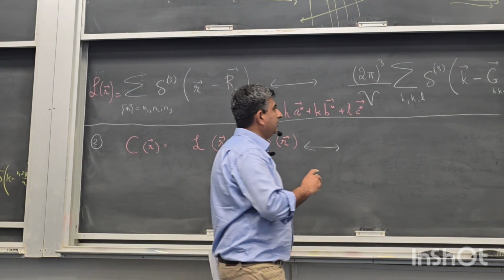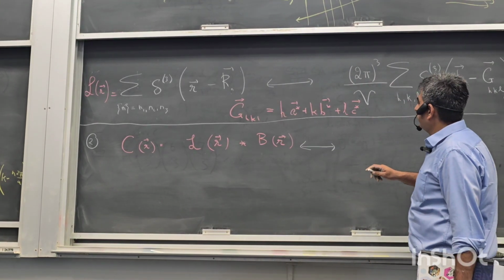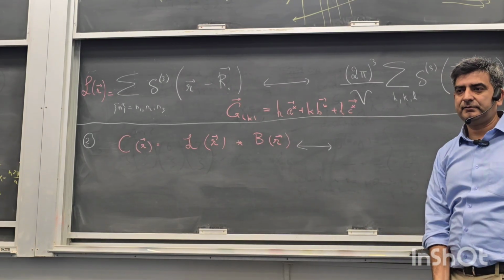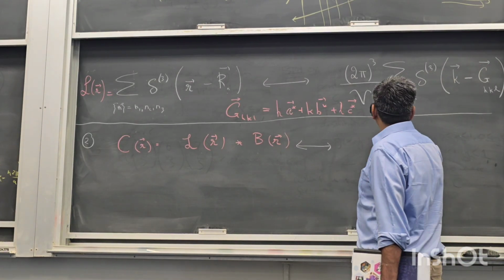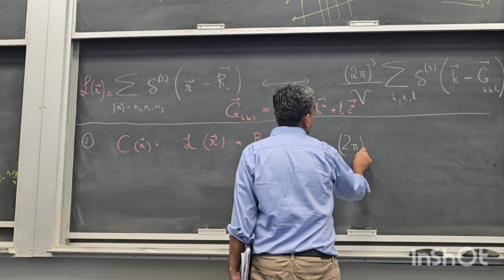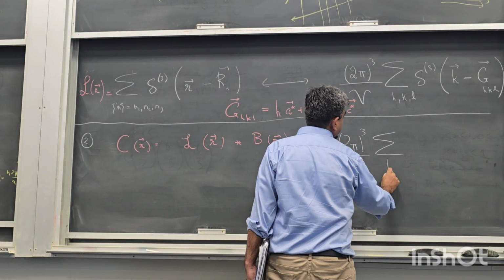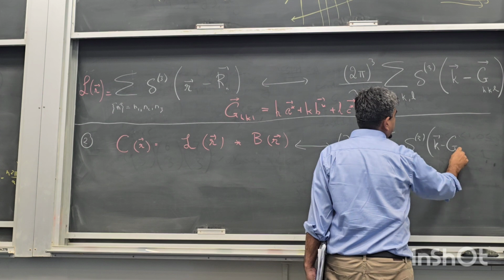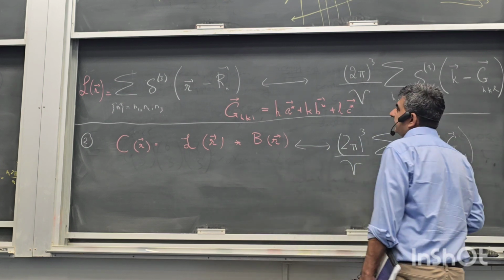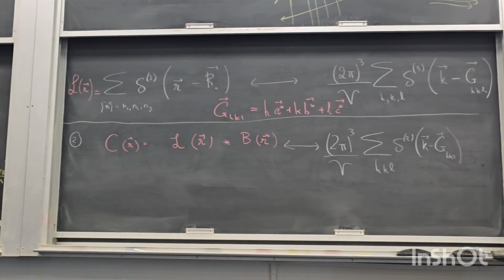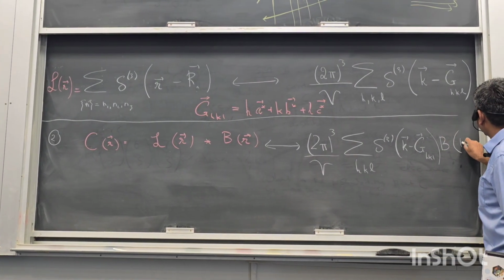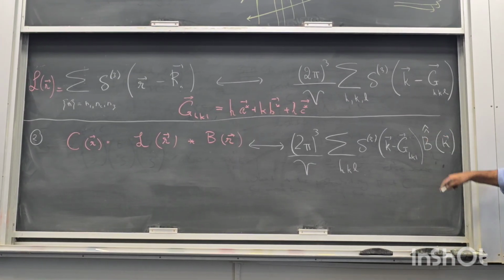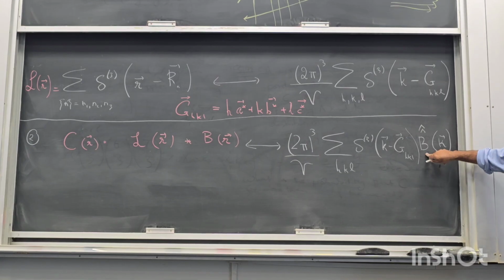But all in all, the convolution theorem states that the Fourier transform of the entire crystal itself is given by the product of this thing, K minus G HKL, and you multiply this with the Fourier transform of the basis, which is B of K. I just put these double carets on top of it so that this is in the Fourier domain.